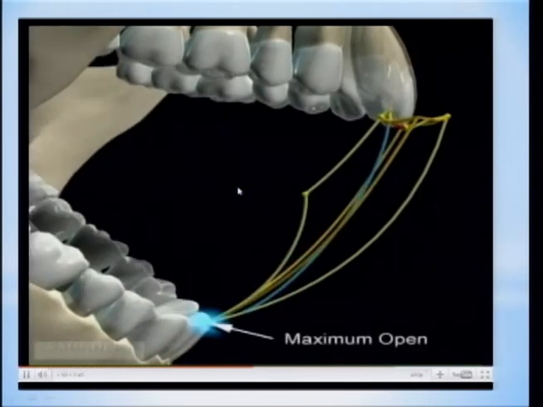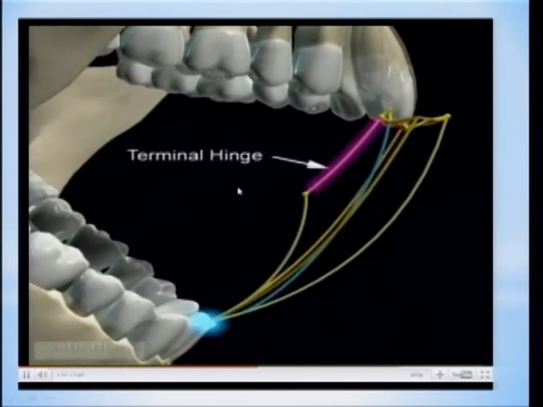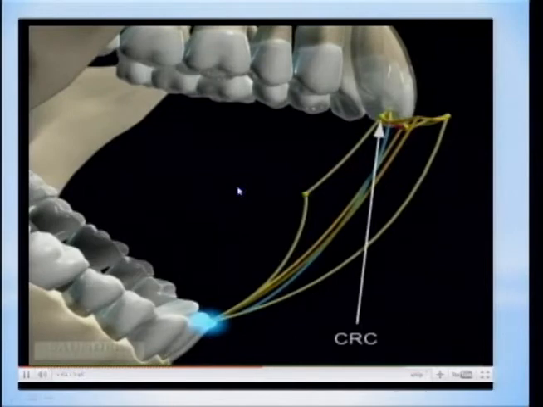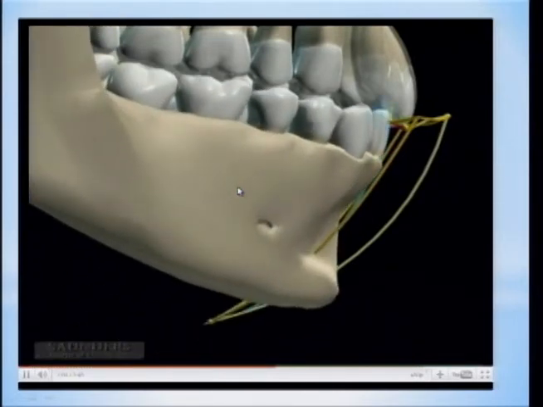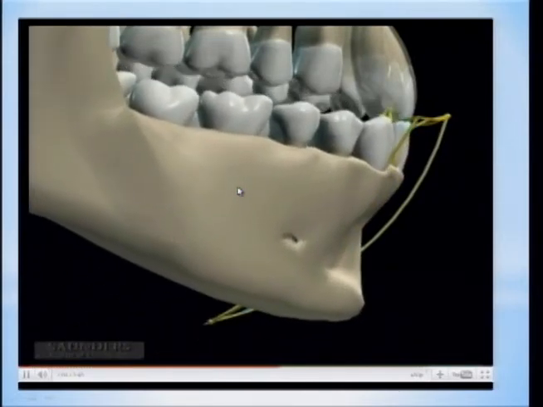Okay. So we have different movements. Actually, this reflects the way the condyle moves in the TM joint. And those are forward positions and very posterior position, the back positions.